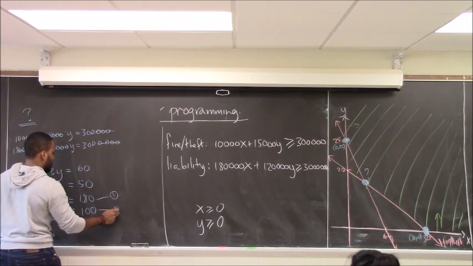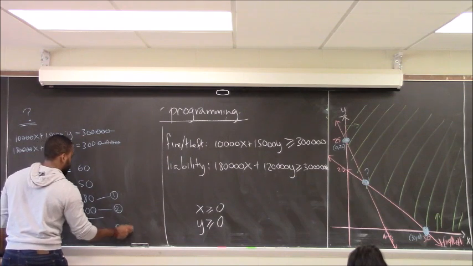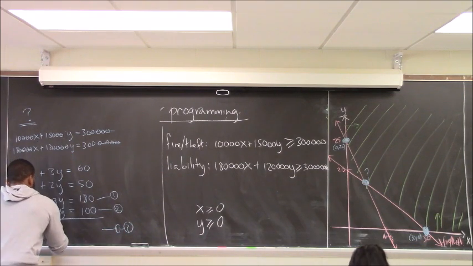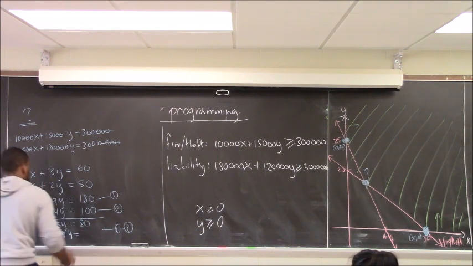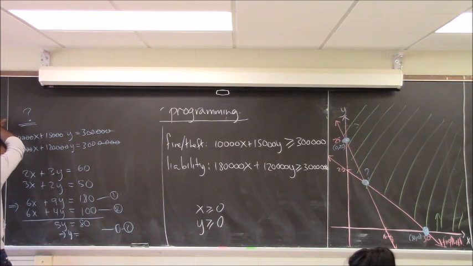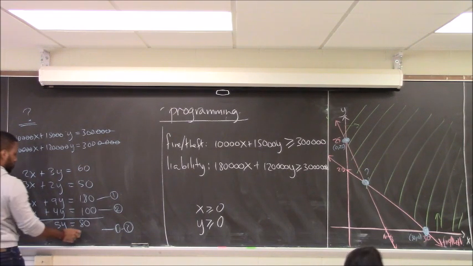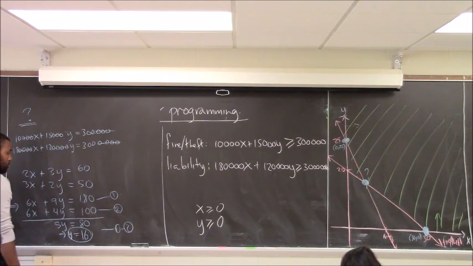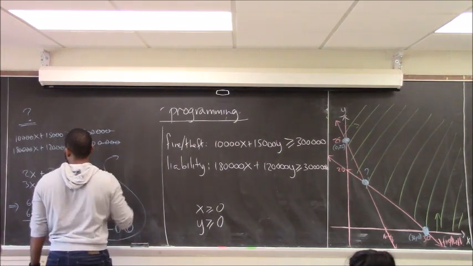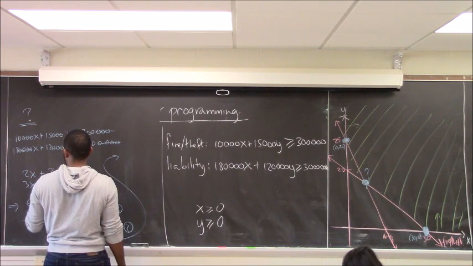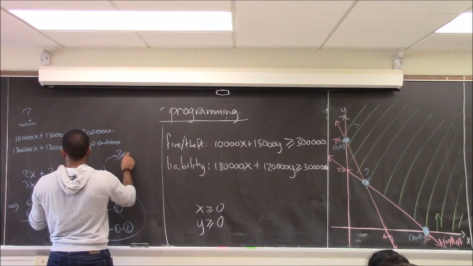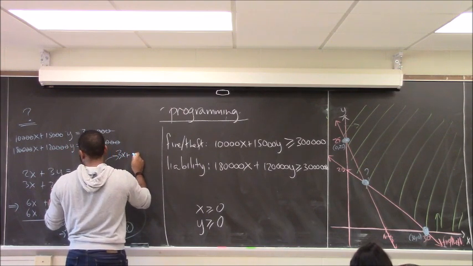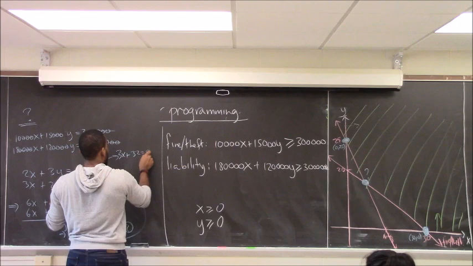So equation 1 minus 2. I will have 5y equals 80. In other words, your y would be equal to what? 16. And then I would have 3x, let's use this one, plus 2 times 16, which is 32, equal to 50.